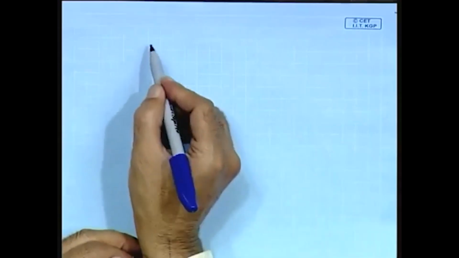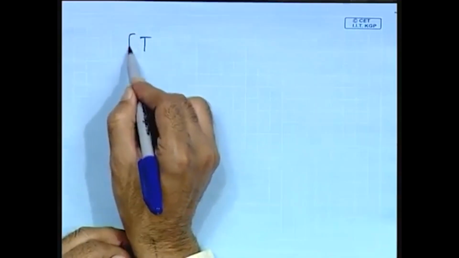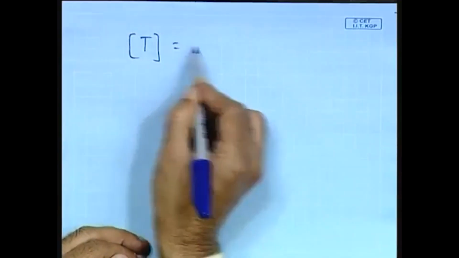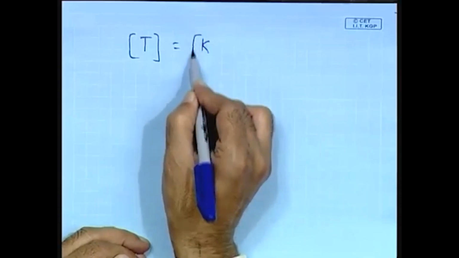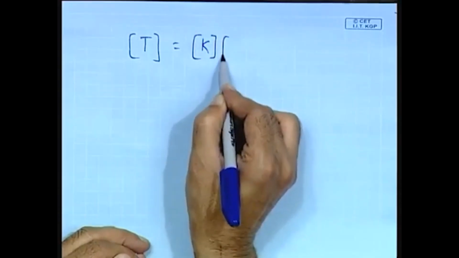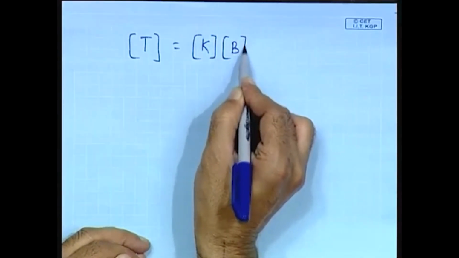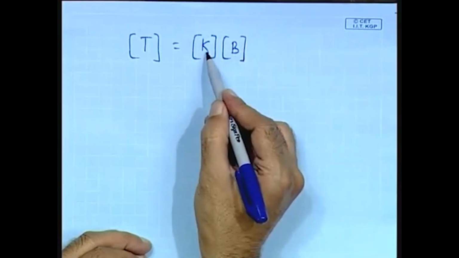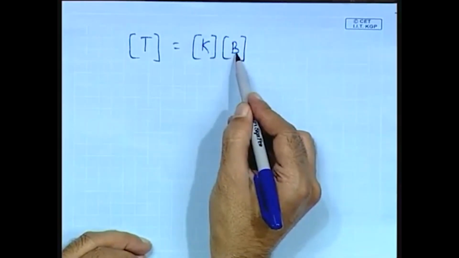And here this transmissivity T has the expression given by K times B. K is the hydraulic conductivity, B is the saturated aquifer thickness.